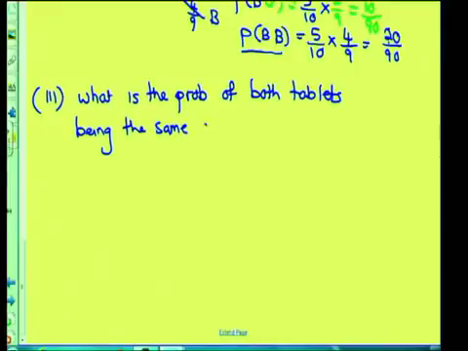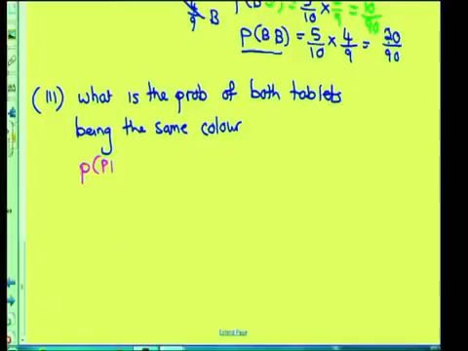Maybe they are green, green, or blue, blue, or pink, pink. As long as they're both the same color, let's see what chance we have of that happening. So we have the probability of pink, pink, added to the probability of green, green, added to the probability of blue, blue.